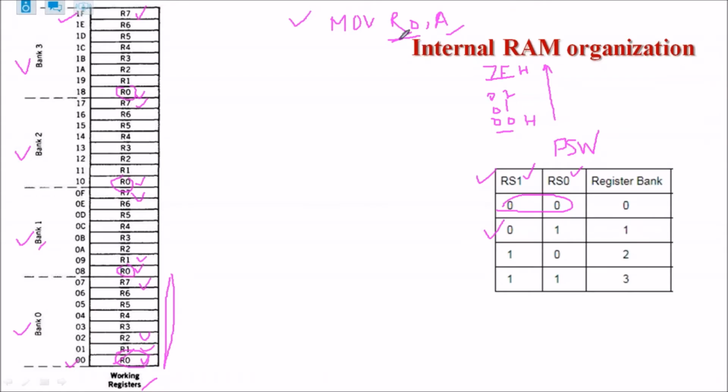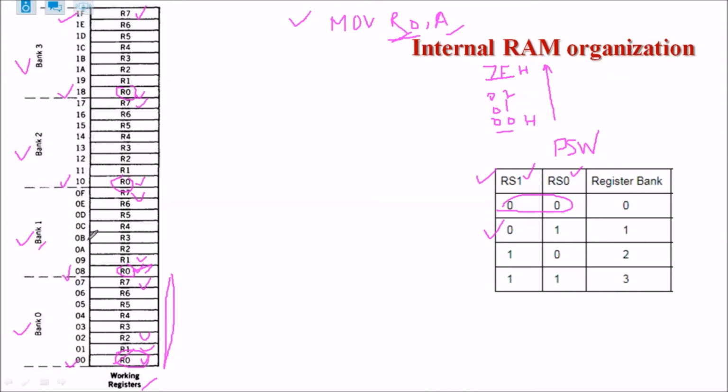Otherwise, if you don't want to use the name of a register, you can use addresses of registers. Here the addresses are written. The address of this R0 is 00. R1 is 01. The address of this R0 is different, that is 08. The address of this R0 is 10.